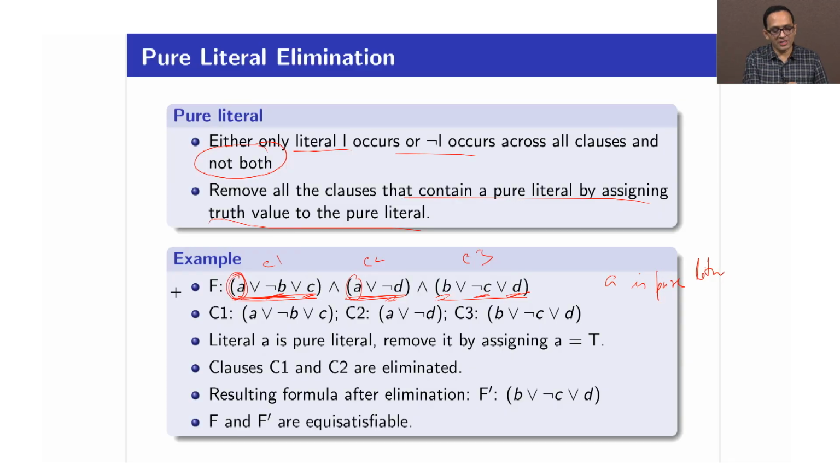Initially I have a formula with 3 clauses. By just identifying that A is a pure literal, I can remove C1 and C2, because they will become true if I assign A equal to true. So the reduced formula will consist of only C3, one clause. In all cases this is equisatisfiable, because you have already assigned the value of A, and the new formula is satisfiable if and only if the original formula is satisfiable.